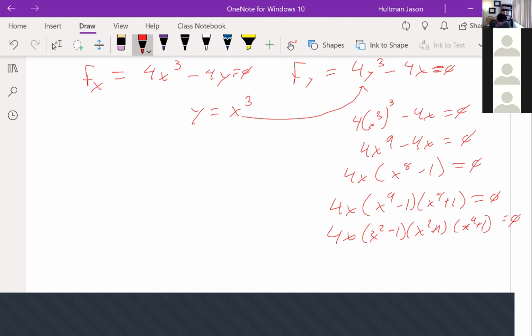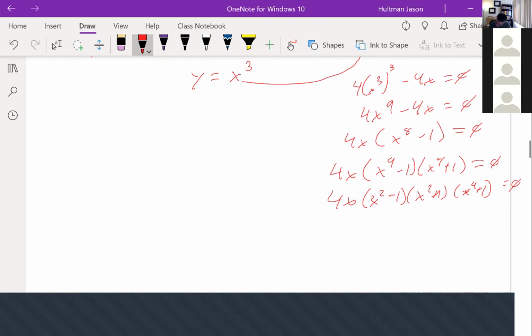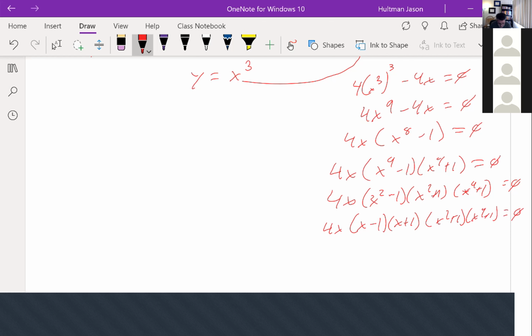And then this thing here in the front will get factored: x minus 1 times x plus 1, times x squared plus 1 times x to the 4th plus 1 equals 0. So what does this mean? This means that x equals 0, 1, and negative 1.